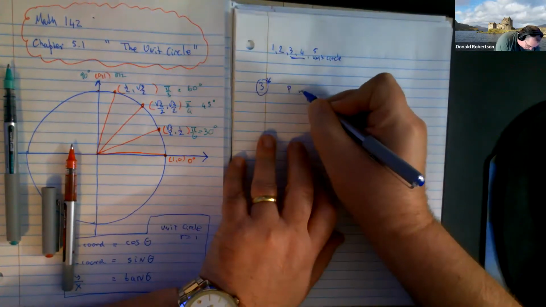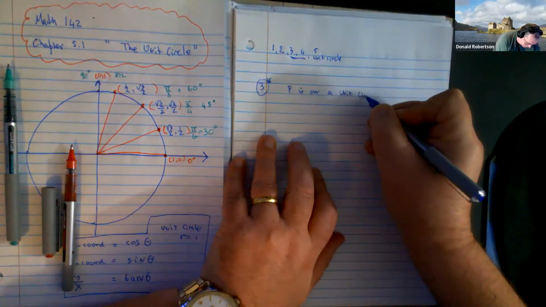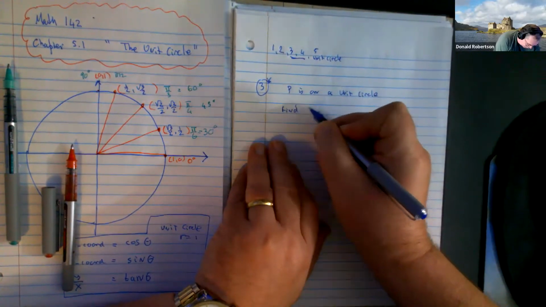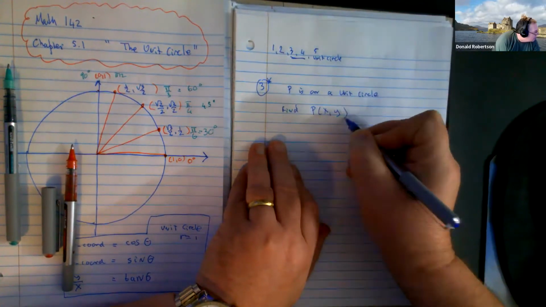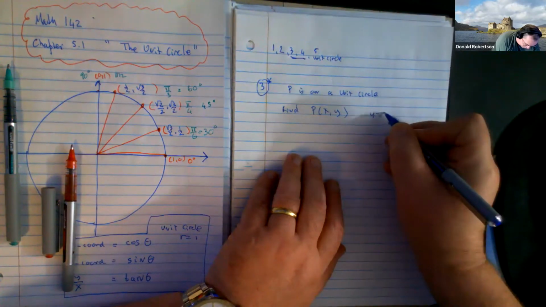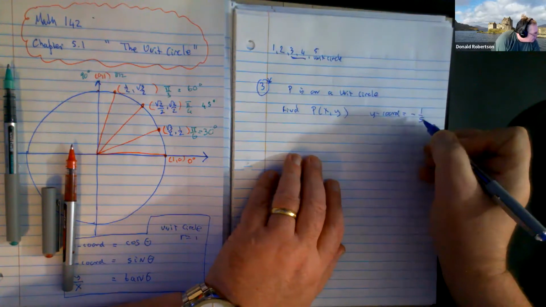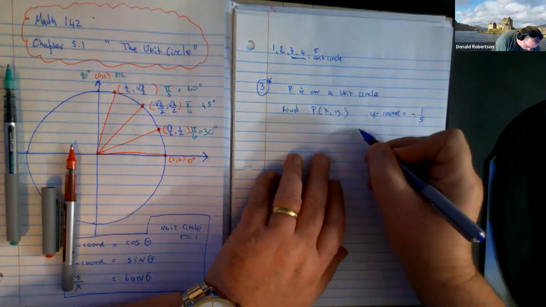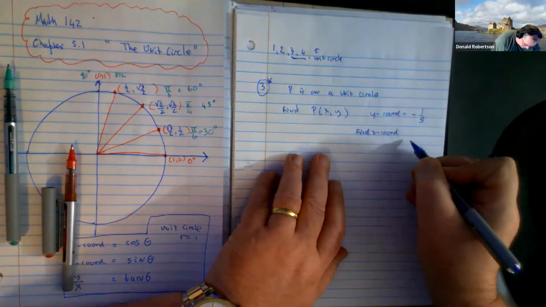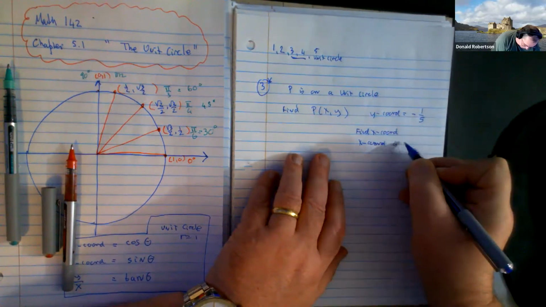It's on a unit circle. So we're being asked to find a point P, x comma y. You've been told that the y coordinate is -1/5, and you're being asked to find the x coordinate. And you've been told that the x coordinate is positive.